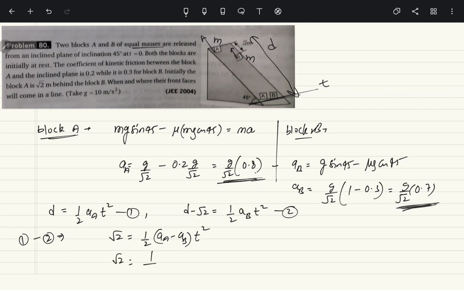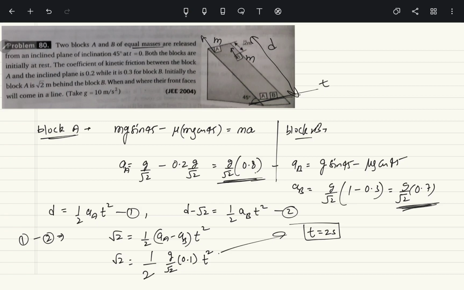So root 2 is equal to 1 by 2 times g by root 2 times 0.1 into t square. So the t value from here you can write as 2 root 2 into root 2, which is 4, divided by 0.1 into g, which is basically 1. So t is equal to 2 seconds.